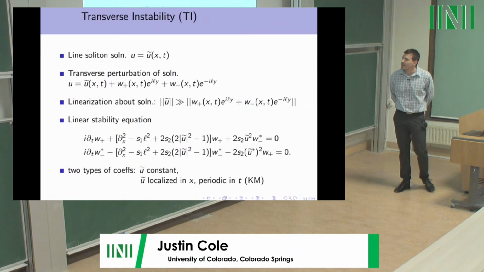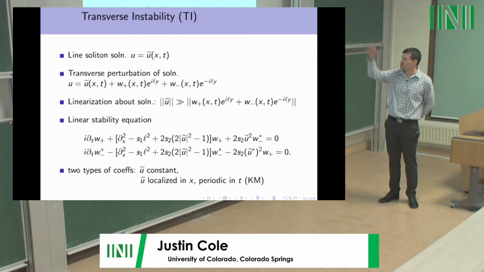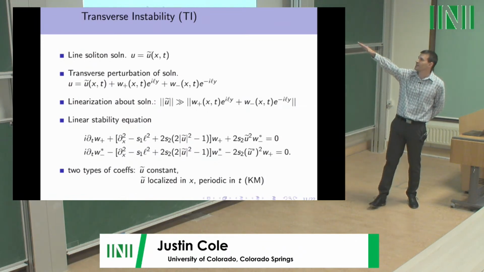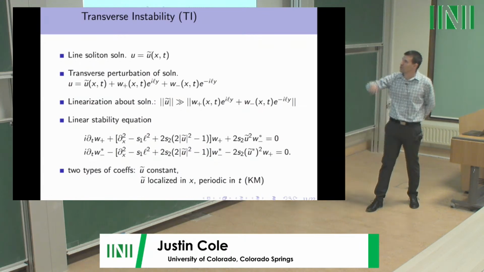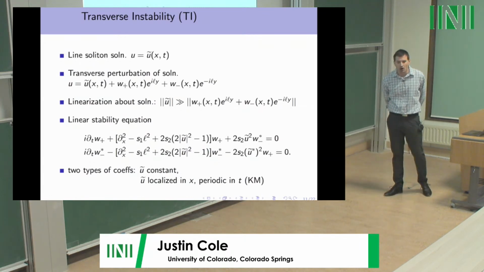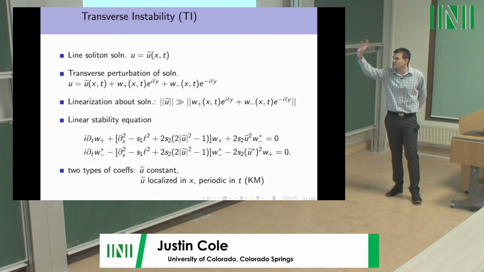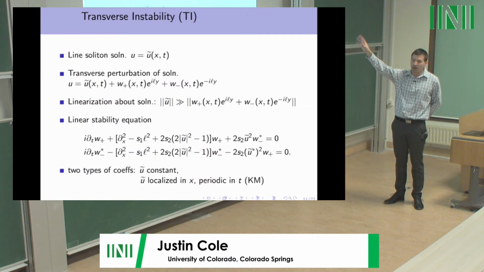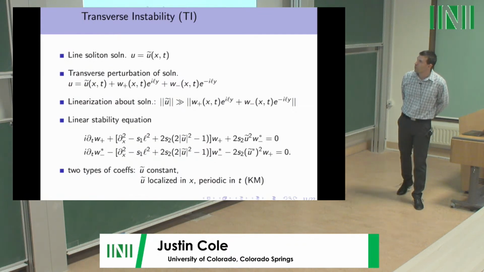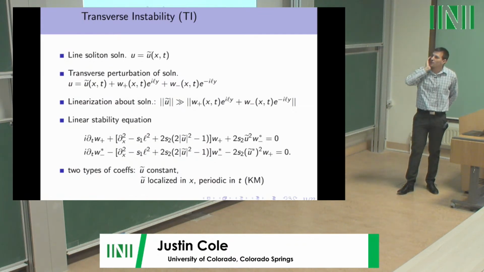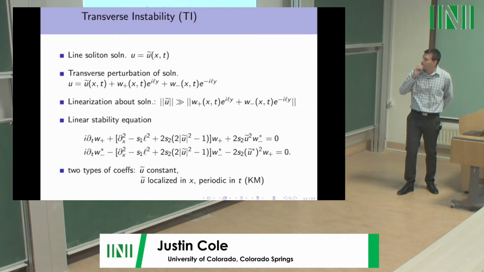And consider a transverse perturbation of that solution. So I perturb U tilde by this specially chosen perturbation here, which is small in magnitude relative to the solution. Specifically, notice that my perturbation depends on the transverse direction y. The script L there is the transverse wave number.